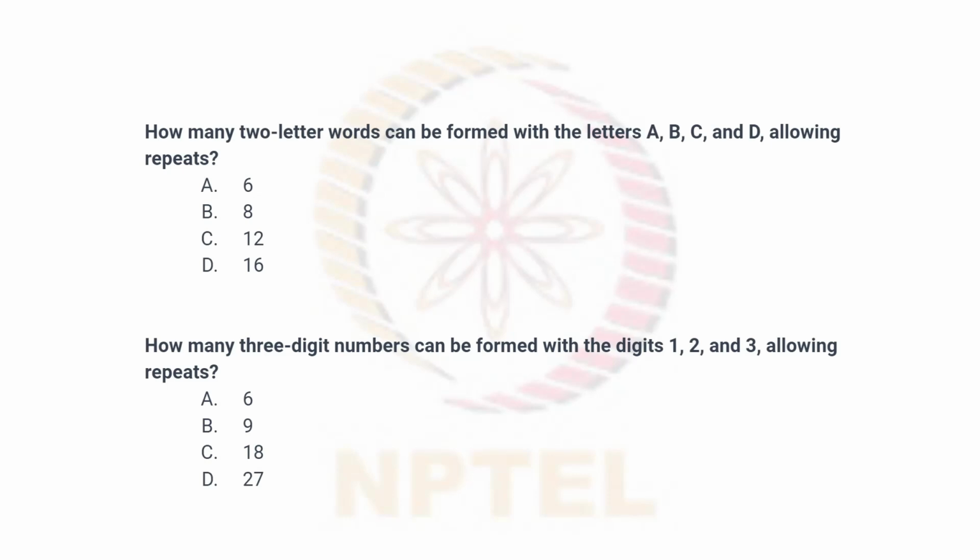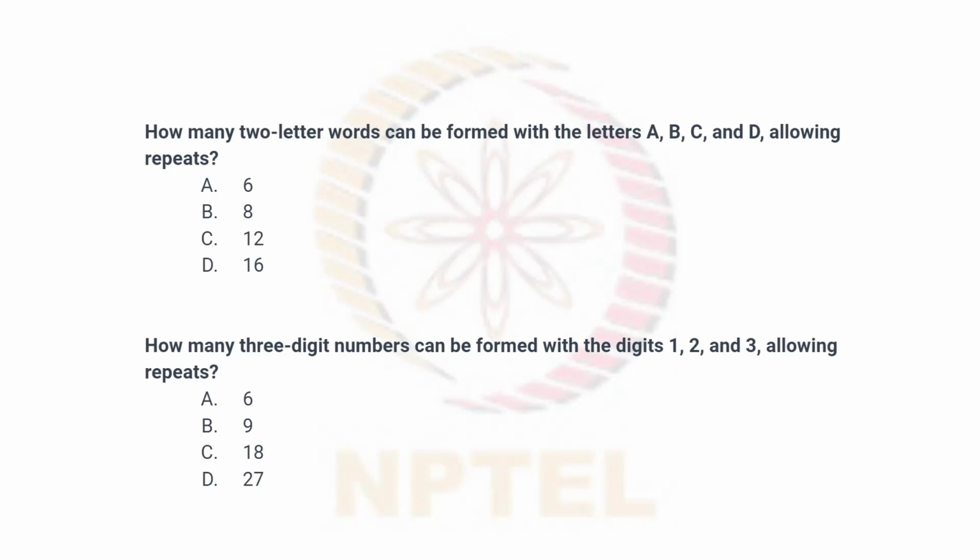First, let's come to the first letter. How many ways can we fill the first letter? The first letter can be filled in 4 ways: either by A, B, C or D. For the next letter, since we are allowing repeats, A, B, C and D can be used again. So the second place as well can be filled in 4 ways.